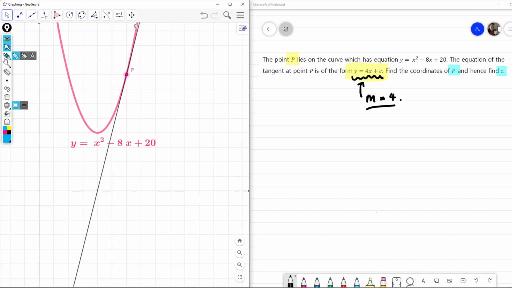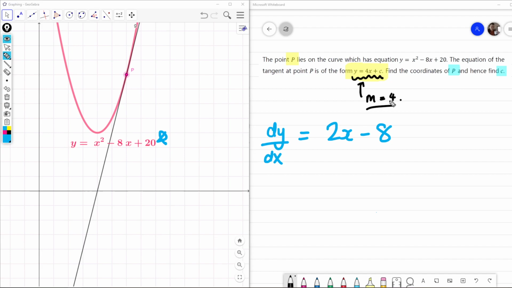Now the place I'm going to start, I'm going to take this equation of the curve and I'm going to differentiate it, and in this case I'm going to get 2x minus 8. Now I don't know an x value to plug in, but what I do know is the gradient of the tangent is 4.